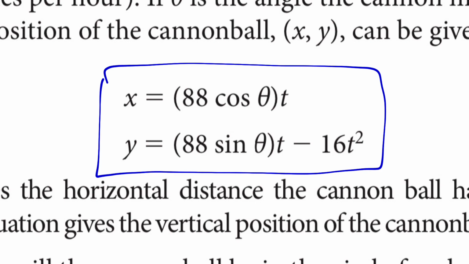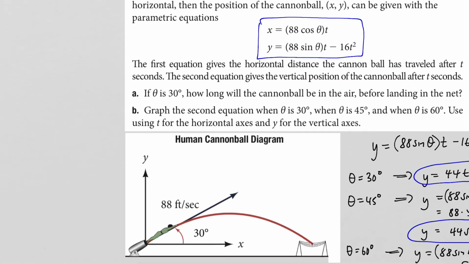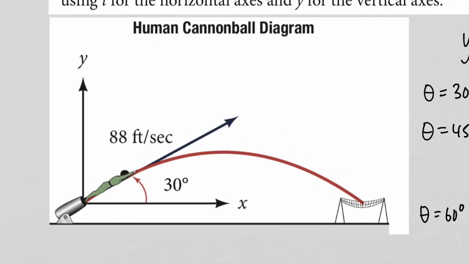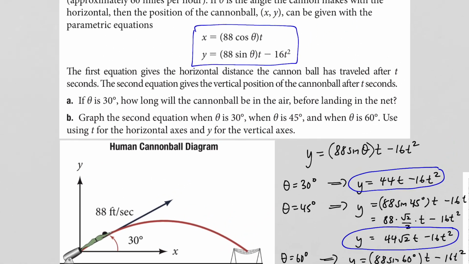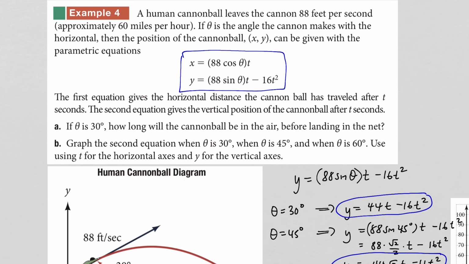And that time is, again, invisible when you're talking about the original graph of the path of the human cannonball. But it also brings into the problem some really important information, because the whole time this human cannonball is in the air, there is that third variable, time, is ticking away, right? And so this is just a quick example of how parametric equations can be useful.